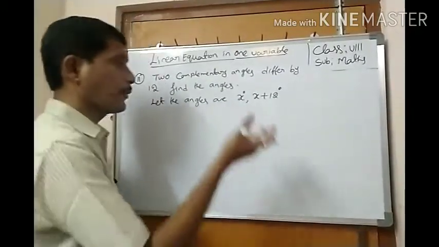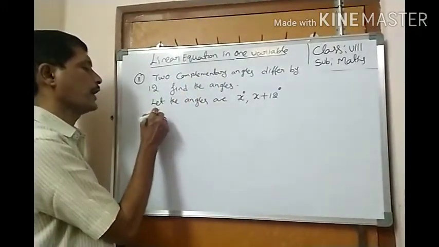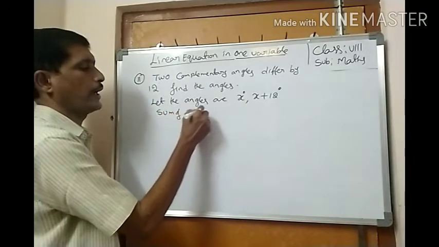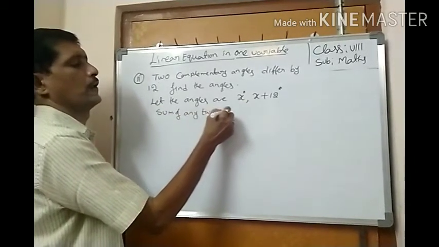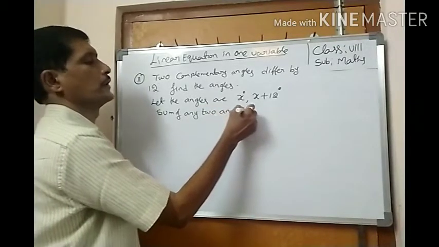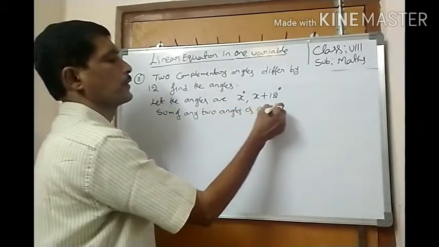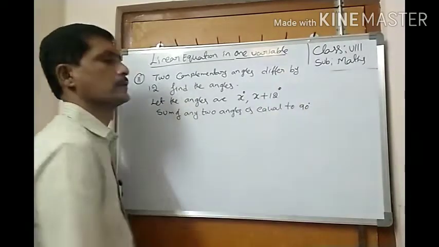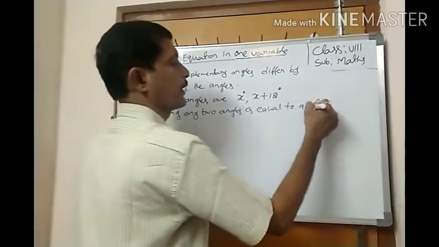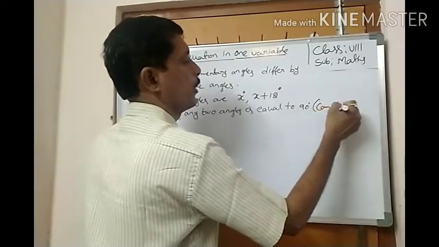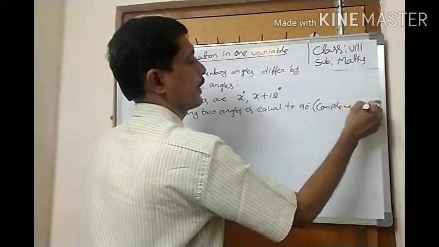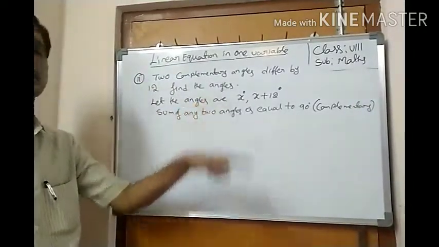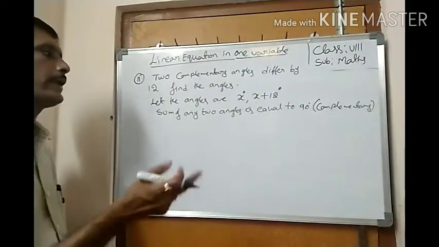Here, the first condition for complementary angles: the sum of any two angles equal to 90 degrees is called complementary angles.